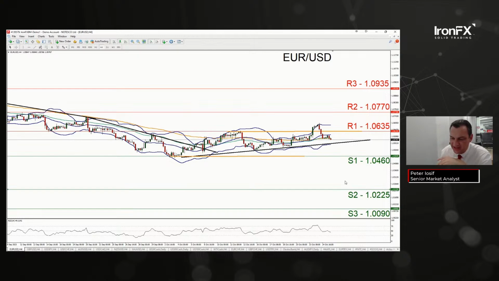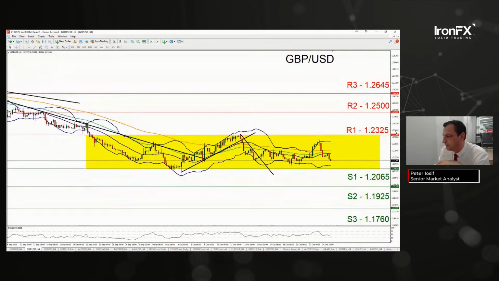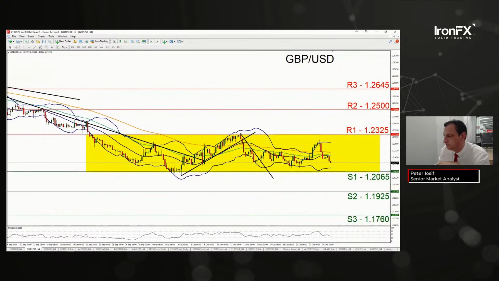Let's have a look also at cable, which had a relatively similar move, however, not to the same extent, I think. Note how GBP/USD also edged lower, which was also a result of the preliminary PMI figures of October.